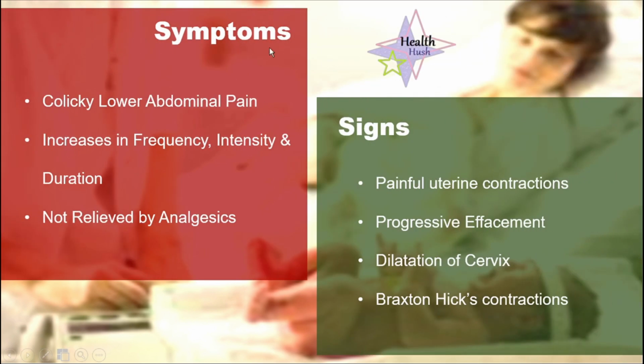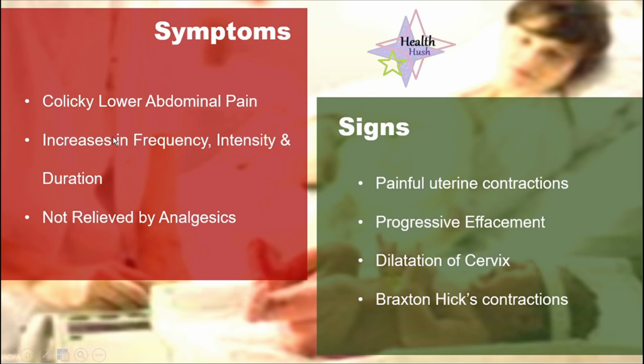So let's see what are the symptoms and signs that are involved in normal labor. Symptoms include colicky type lower abdominal pain. Colicky type means that this pain is localized and it comes and disappears and again comes back, like an episodic type pain.